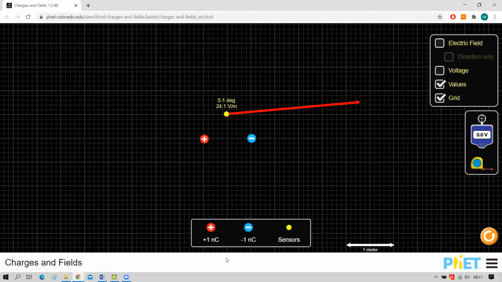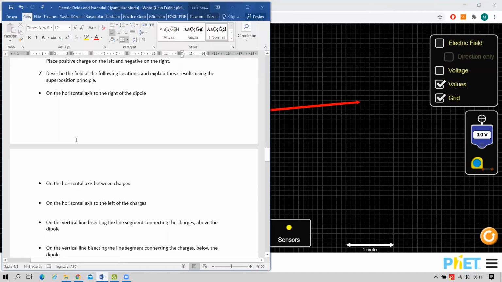So this is about item number 2 of your report. Item 2 is about what I've described just before. It's only a description, so you don't need to do numerical calculations. Describe the field at the following locations.